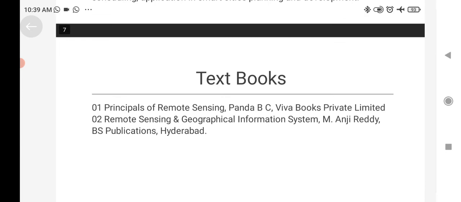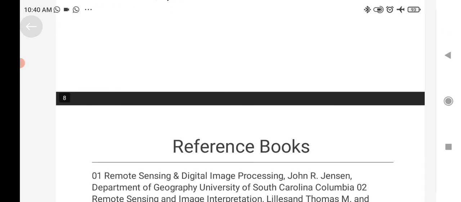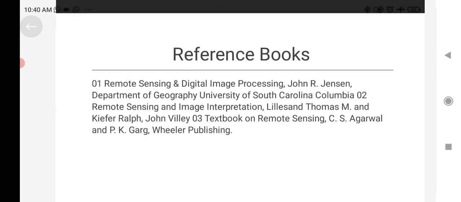For this subject, we can use the textbook Principles of Remote Sensing by the author Panda B.C., and second is the textbook Remote Sensing and Geographical Information System, the author is M. N. G. Reddy, BS Publication, Hyderabad. For this subject, we can also use reference books. First is Remote Sensing and Digital Image Processing by John R. Jensen, Department of Geography, University of South Carolina.